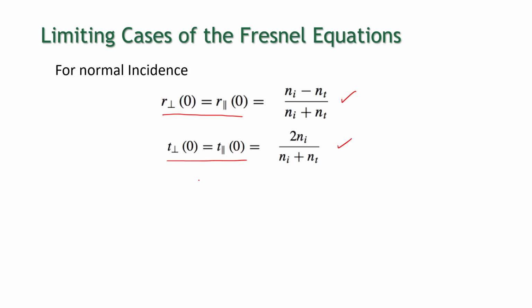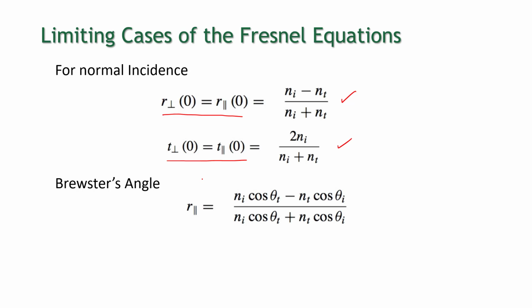Now let's look at this equation. This is the equation we got for the parallel component. Now there is a condition at which this R parallel would be 0.